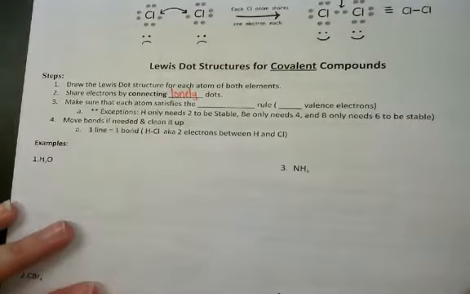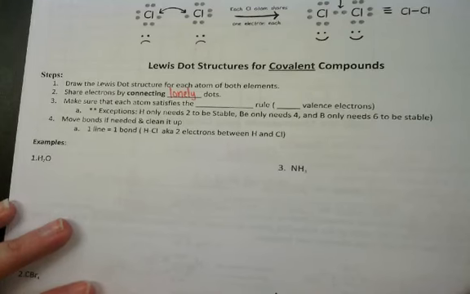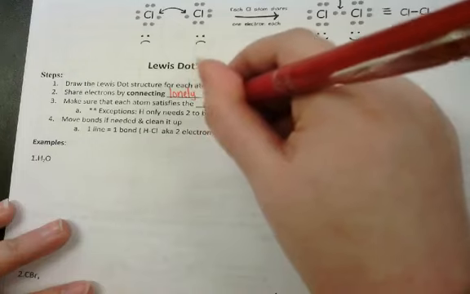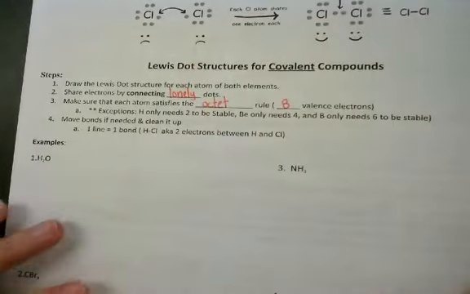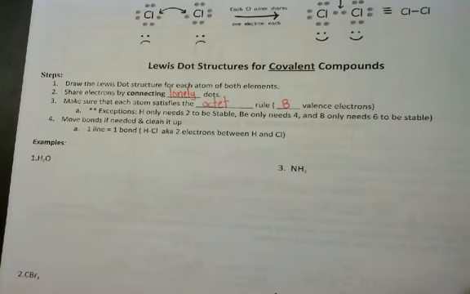And we need to make sure that each atom satisfies the octet rule, meaning they have 8 valence electrons.